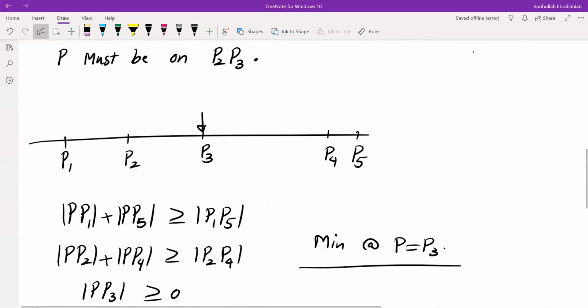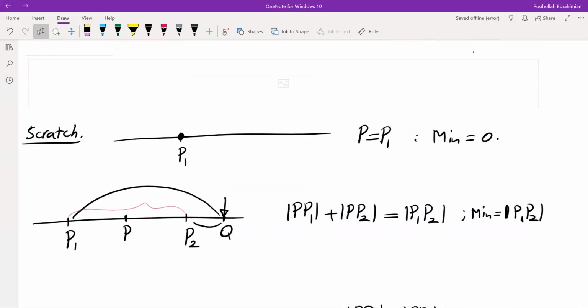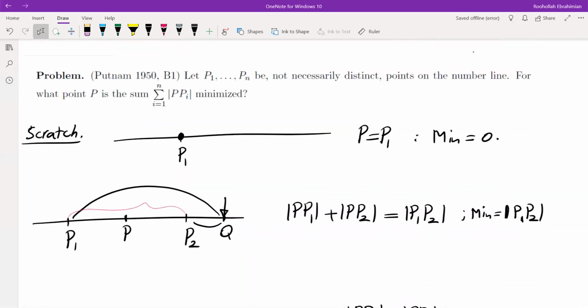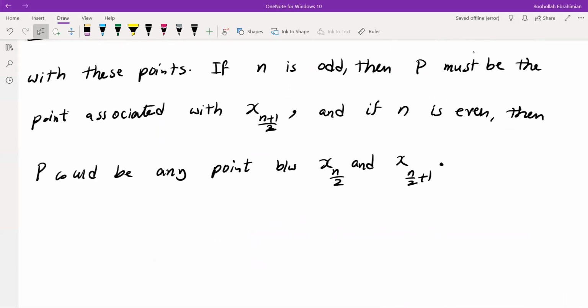Let's go back and see what the question is exactly asking. If it is asking for the minimum, or if it is asking for the point P, because that does make a difference. For what point P? So we just need to find the point P. So any point in between these would work. So you could say (n plus 1) over 2 would always work. Floor of (n plus 1) over 2, perhaps.